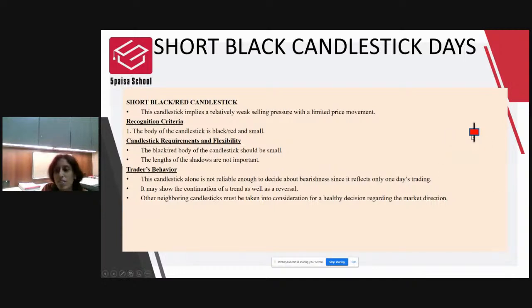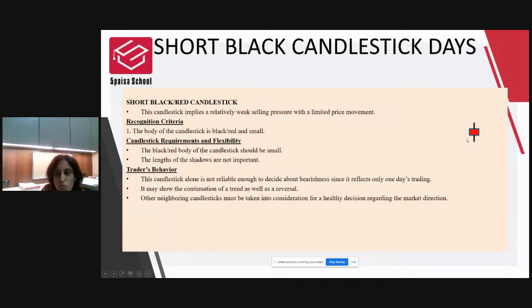Right? So here, as you see, the body is again small, and it is red. So what does it reflect? I'm sure you must be getting a hang of it now. It implies a relatively weak selling pressure with a limited price move.